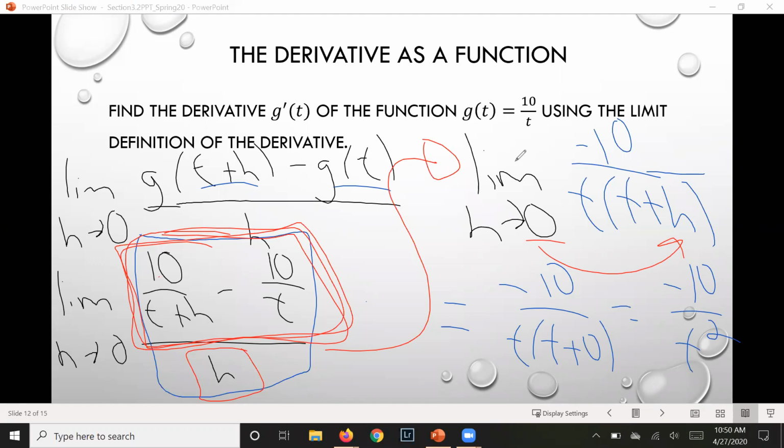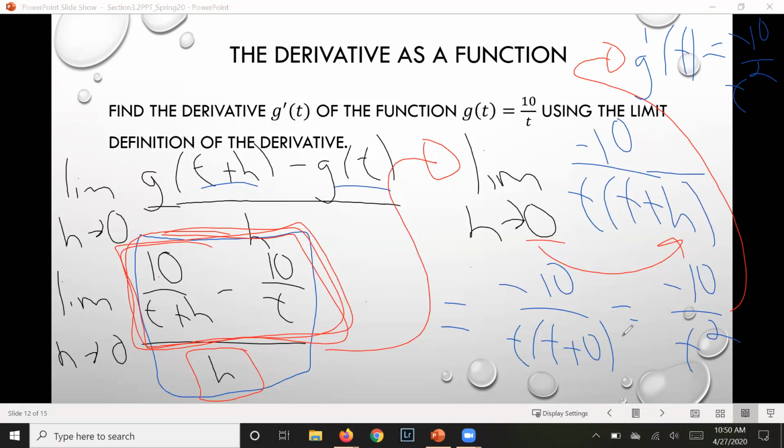Okay, so our derivative, let me write it up here at the top just to use the notation. Our g prime of t, remember g prime means the derivative, is equal to negative 10 over t squared.